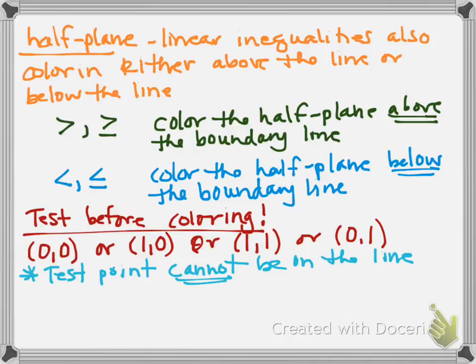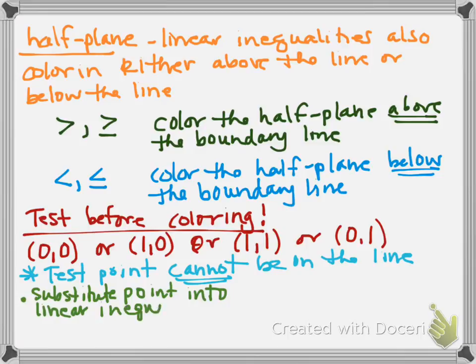So what we're going to do is substitute this point into our linear inequality. If true, and remember true means what's on the left has the relationship that the inequality says with the number on the right.